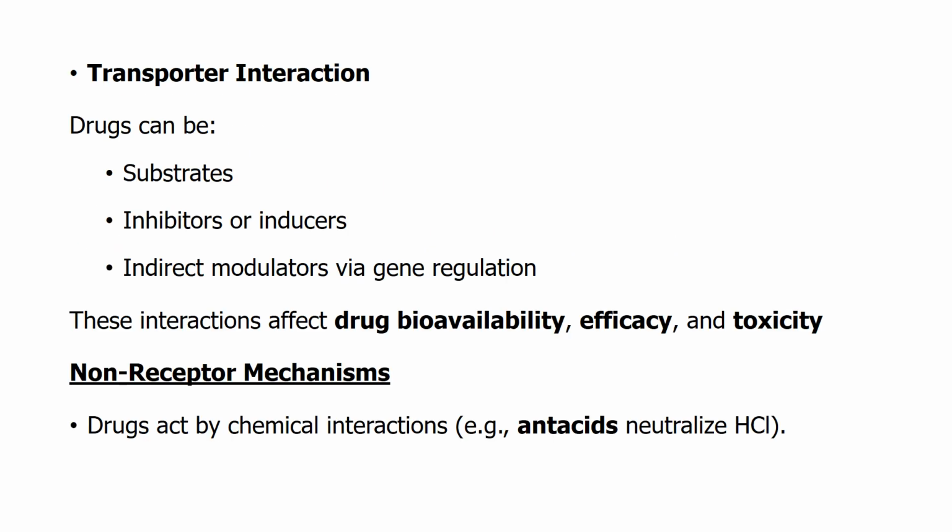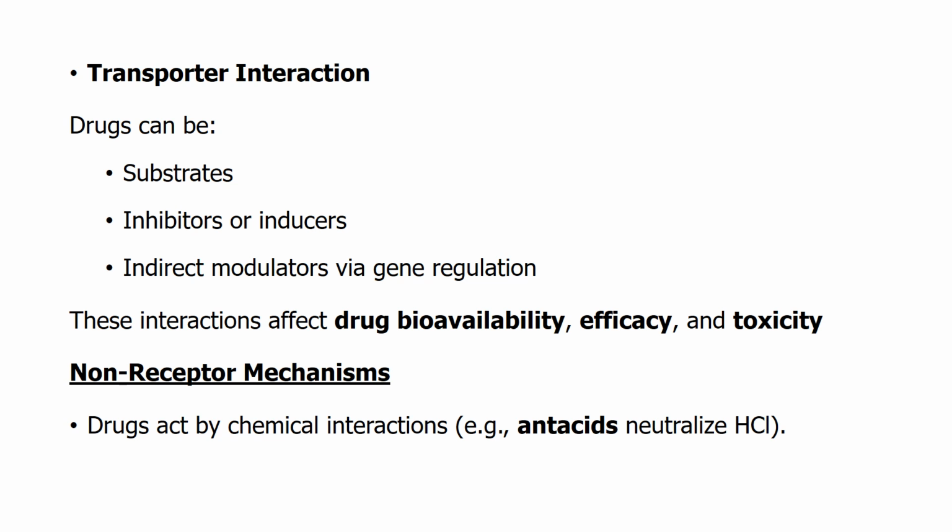We also acquainted ourselves with transporter interaction. We said a drug can be a substrate, inhibitor or inducer, and can indirectly modulate via gene regulation. These interactions affect drug bioavailability, efficacy, and toxicity.